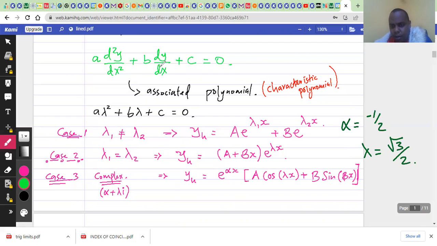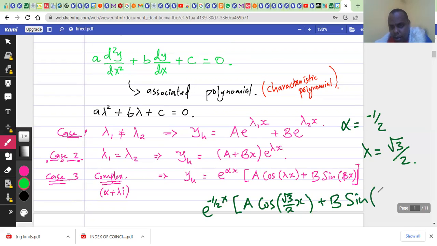And so we are going to have e to the negative alpha x multiplied by A cos of √3/2 x plus B sine √3/2 x.